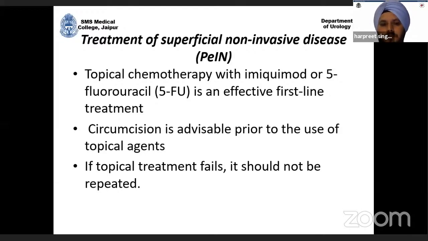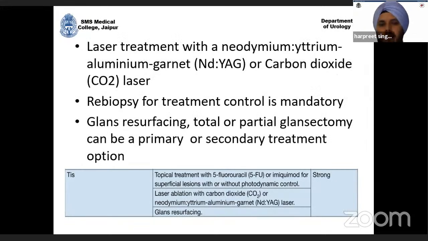After the circumcision, a rebiopsy is required to assess the response to these agents. If this topical treatment fails, it should not be repeated. The next option after topical chemotherapy is laser therapy. Of the lasers used, the CO2 laser and the Nd:YAG laser, the recurrence rate of the CO2 laser is much lower than the Nd:YAG laser.